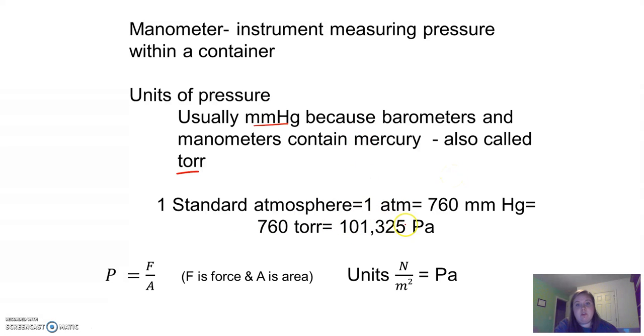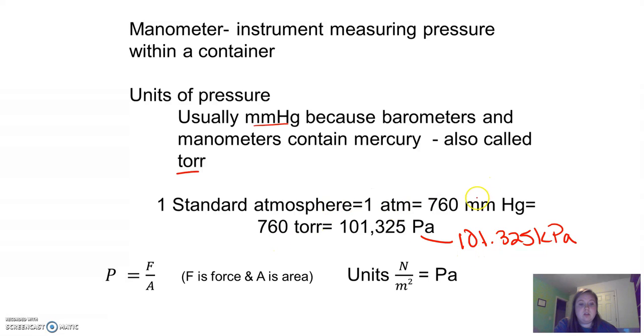The SI unit for pressure is actually a pascal. Because this is such a large number, we often measure it in kilopascals, and so this would be 101.325 kilopascals.